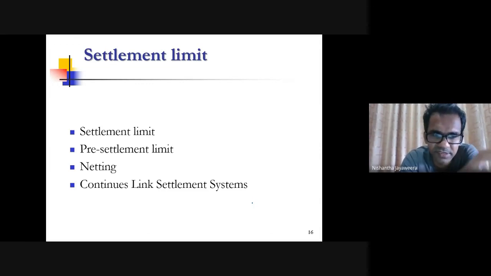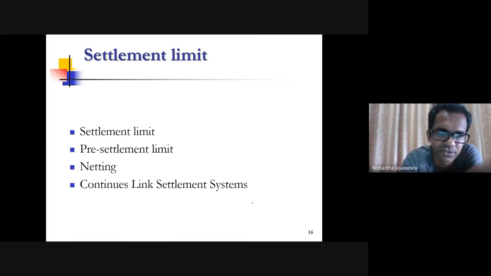Then the settlement risk will be minimized. Not only that, there are a lot of advantages of netting. Your funding requirement is also low. If you do gross settlements, you need a lot of money turnover. But in netting, you don't have to maintain that much money or funds in cash form.